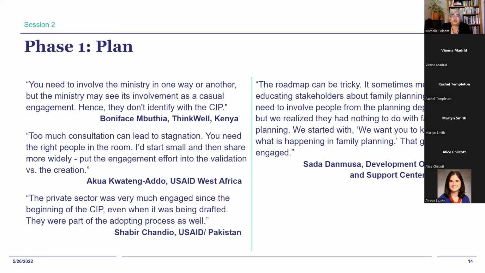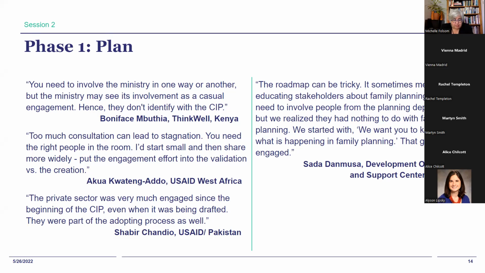We can make it easier. We can streamline the process. So I want to walk you through the steps and talk about what we might need to think about, or what we were offering up to FP 2030 and the working group as they were making the changes.